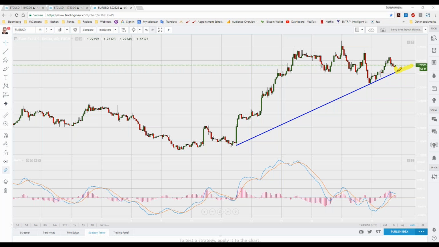Some type of action from the market. We don't know which direction the action is going to be, but we're expecting some type of action. When we get this action, we then can prepare our reaction.